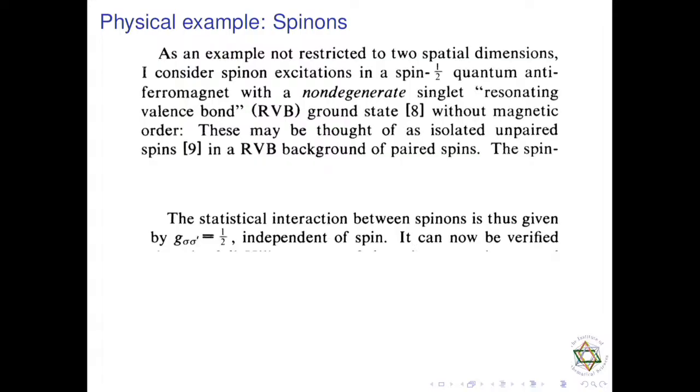He also gave the example of a spinon in a 1D system, where he shows that the G for a spinon is half, so you should look at it as a semion in Bramhachari's language.